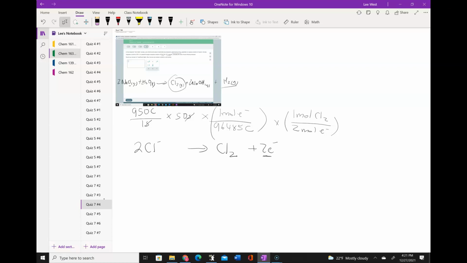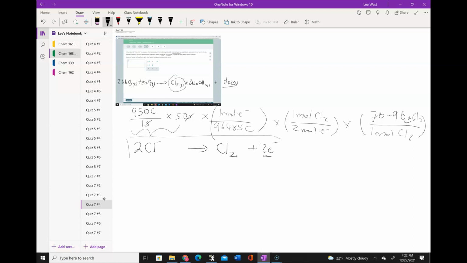Now, we're asked to calculate mass, so we'll have to use the molar mass of chlorine here. So for every 1 mole of Cl2, I'll just quickly put that together, we get 70.90 grams of Cl2. There we go. So the time and the current told us the number of coulombs that were passed. We then used Faraday's constant to convert that to moles of electrons.